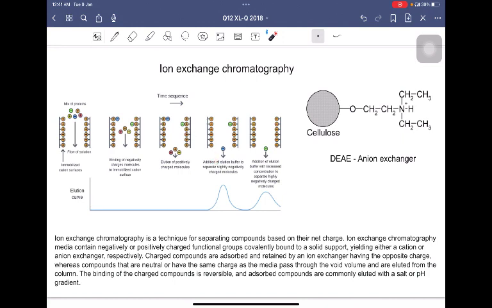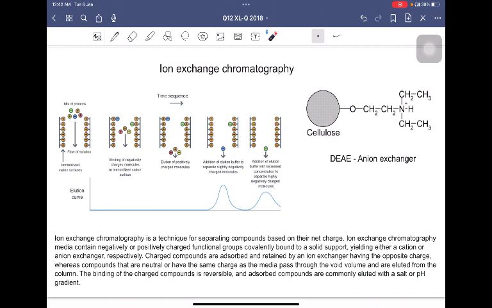Now after the flow through is collected, we will add the elution buffer. So basically what we do here in ion exchange is increase the concentration of the salt in the buffer to elute the protein from the ion exchange matrix.